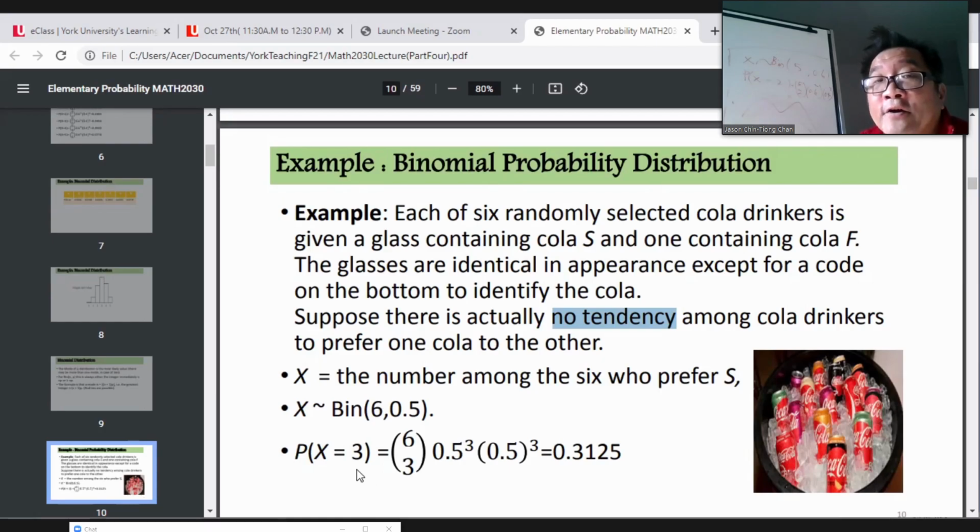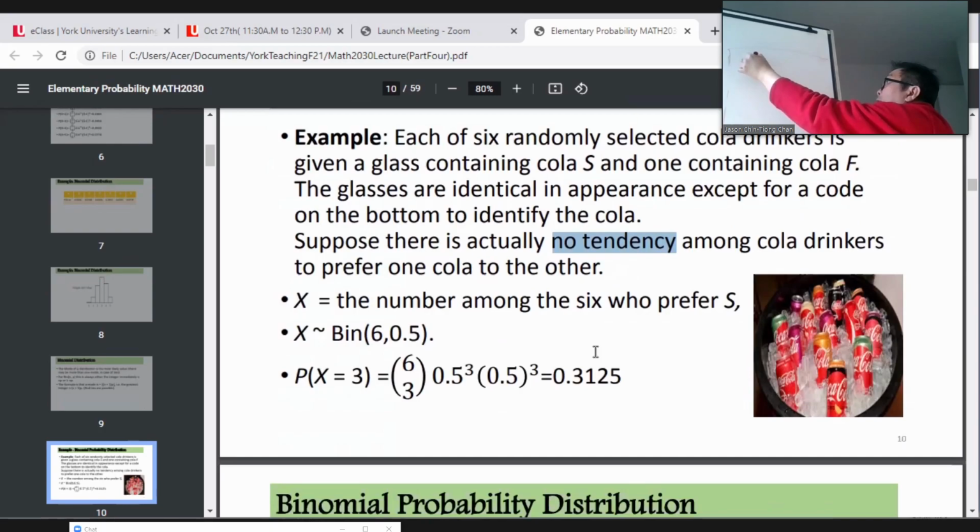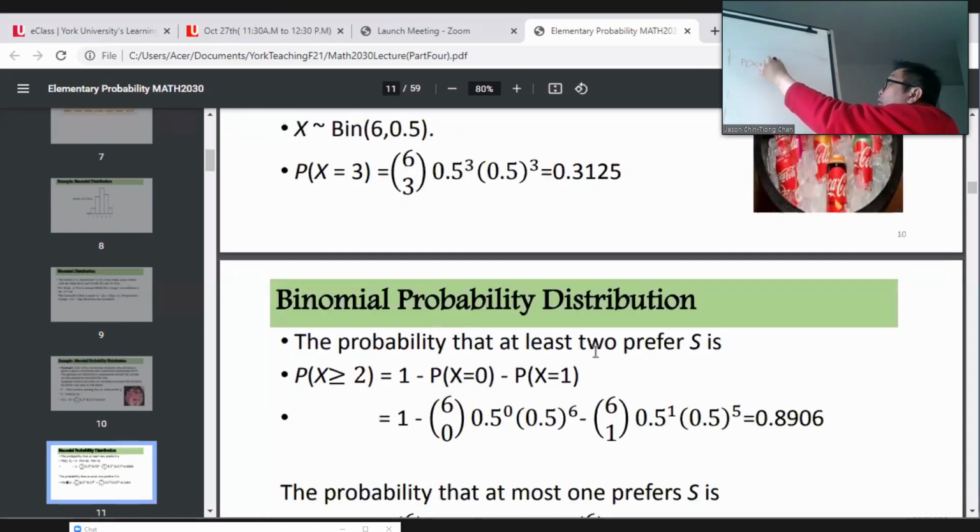Okay, now they got a question here. The probability that at least 2. In math, if we got a simple method, then we use the simple method to do it. So the question asks you to find at least 2. Do you want to do it this way?